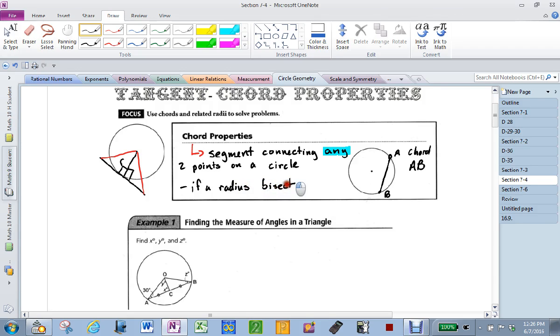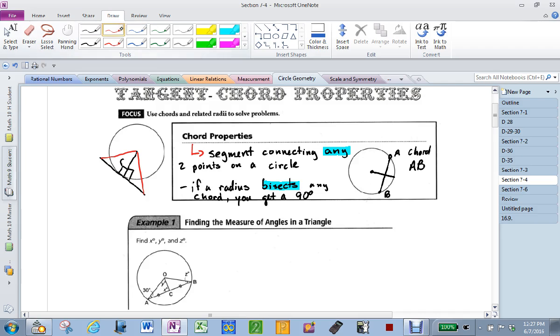Now, what we just learned was if a radius bisects any chord, you get what? A 90-degree angle. So take our radius and slice it through there.